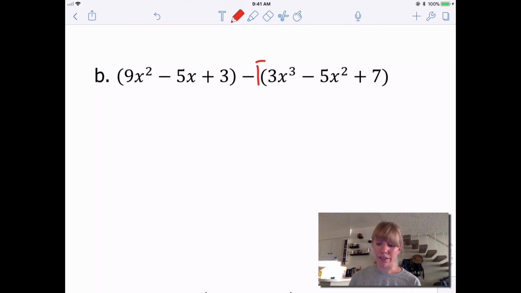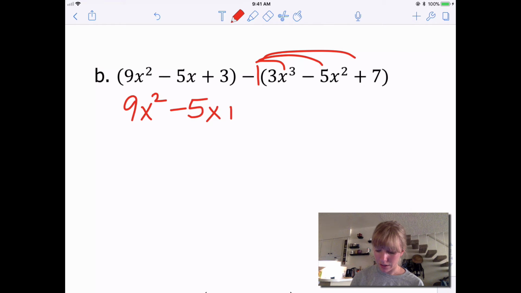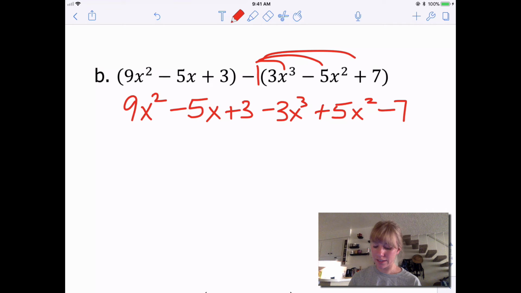All right, so we're remembering that the negative means I'm going to distribute a negative to all three pieces. 9x squared minus 5x plus 3 minus 3x cubed plus 5x squared minus 7.